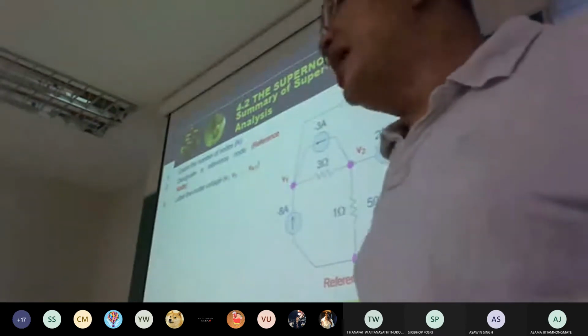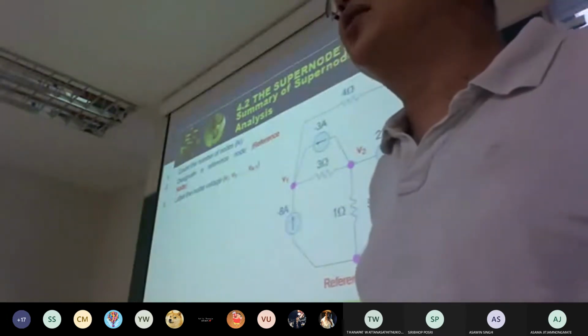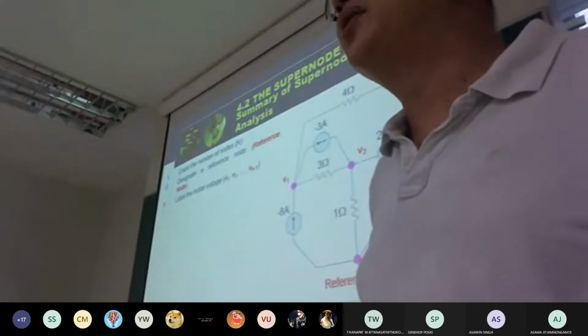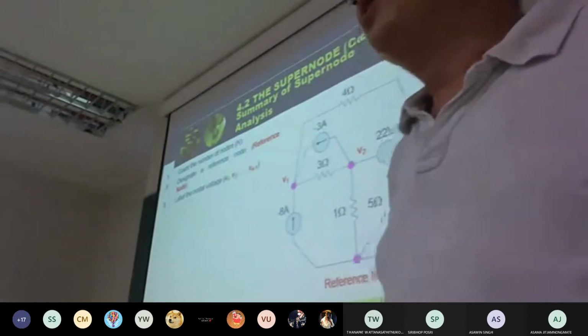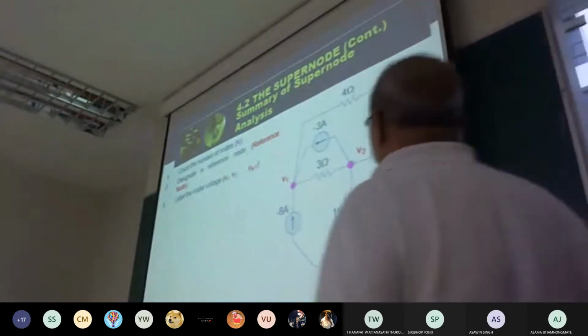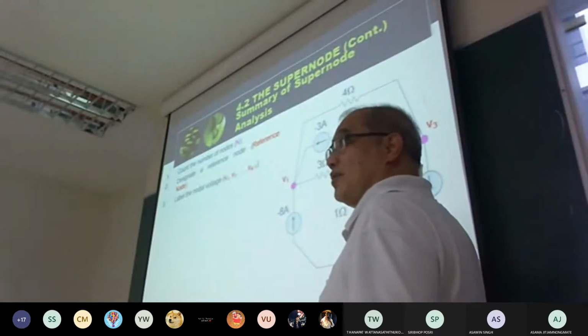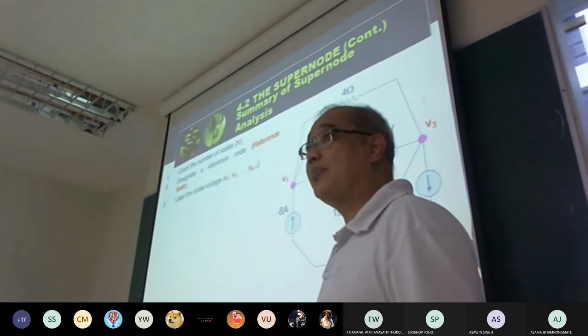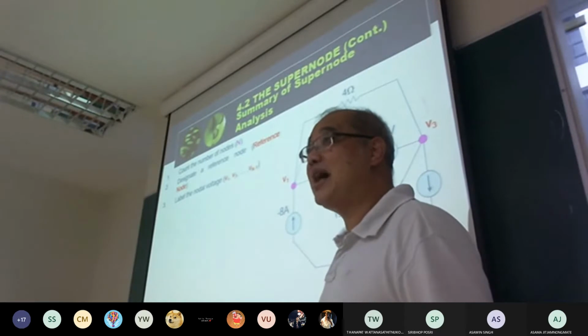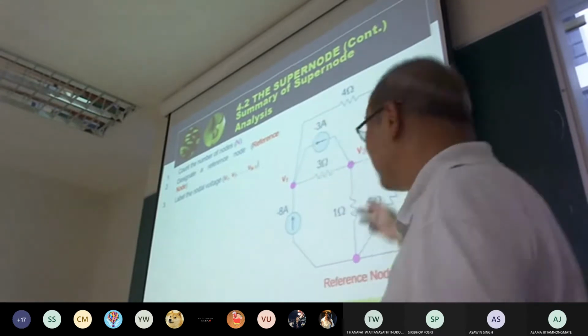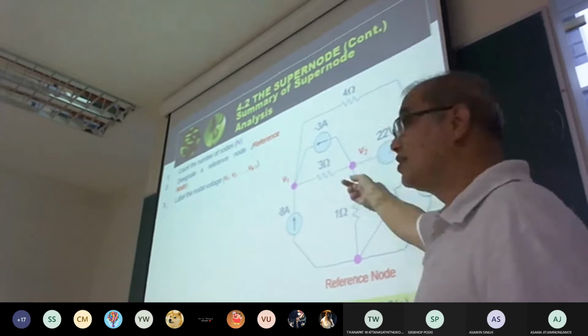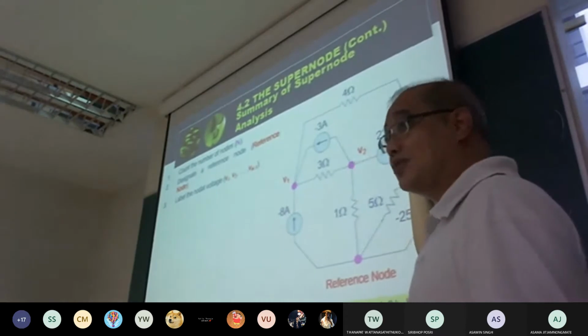Now, the additional step from the classical nodal analysis is the supernode formulation. How to formulate the supernode? You check the location of the voltage source. Which nodes are shared with the voltage source? In this case, node 2 and node 3.